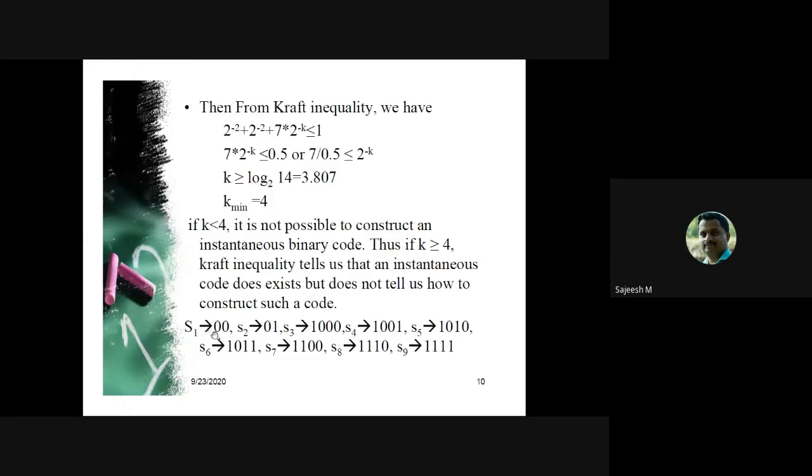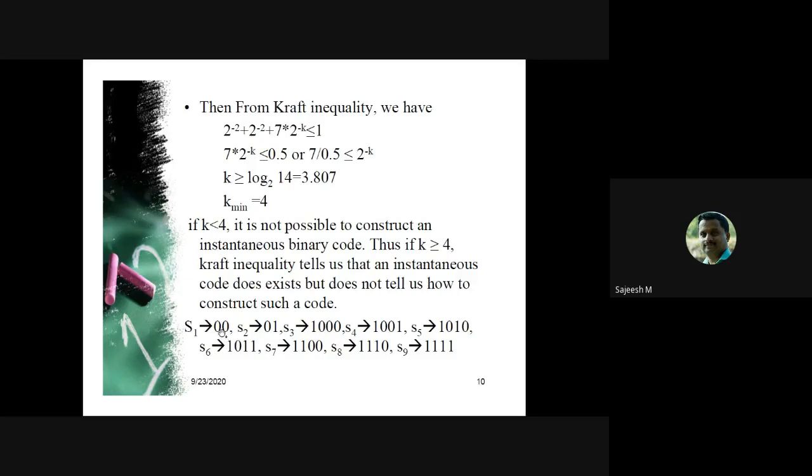We can write the code words here. This is one set of code words corresponding to these code word lengths. S1 is represented by 00, S2 by 01, then the remaining 7 symbols are represented by code words having length 4, starting with 1000.